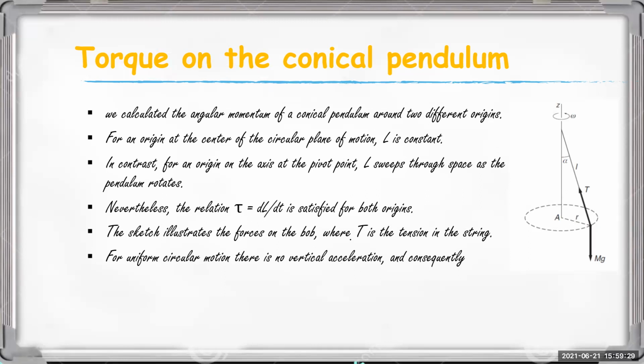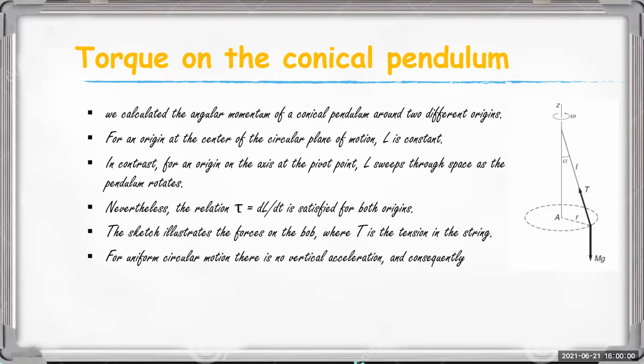That is, to move it in a circular path, the motion must be in a plane, in a complete circular path. Then there is no vertical acceleration. There is no vertical movement.